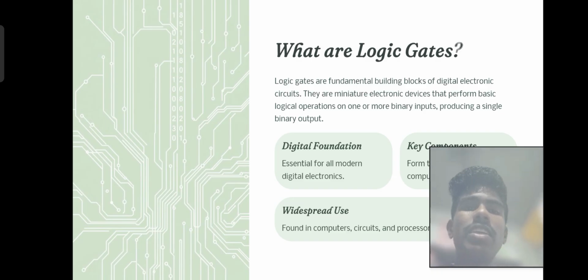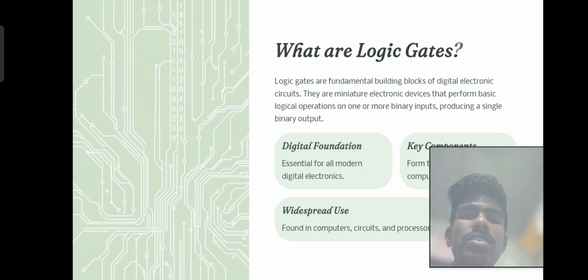There are just three basic types of gates: AND gate, OR gate, and NOT gate. The fact that computers are able to perform very complex logical operations stems from the way these elementary gates are interconnected.